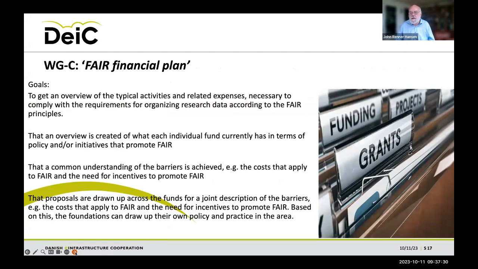It is definitely not for free. What is basic infrastructure, what is now extra, and what is very extra, depending on how you're using data. And we should agree who's going to pay what and when and for how long time. Because if you want to make a long-term preservation, well, most private foundations do not want to have a bill coming in for some research they paid for 15 years ago. Next slide, please.